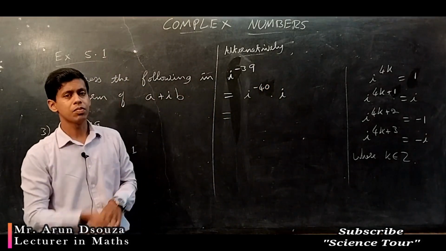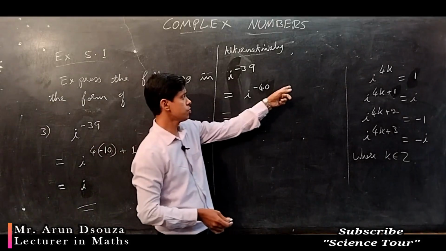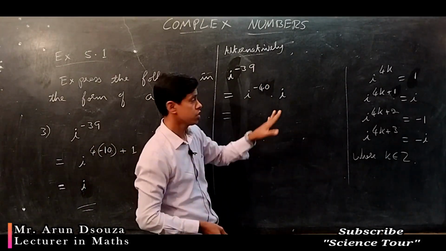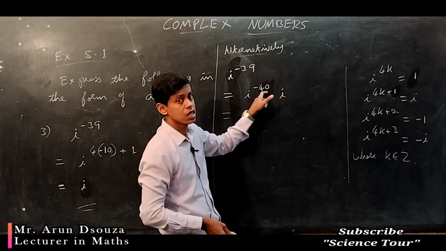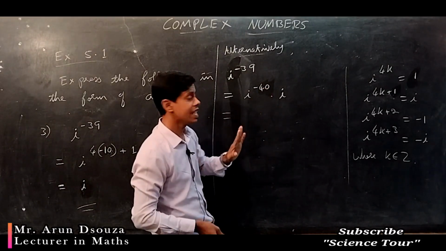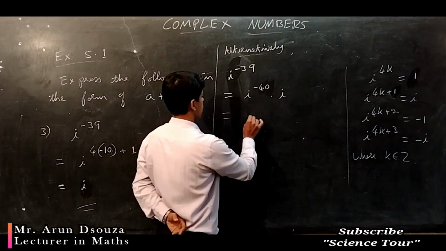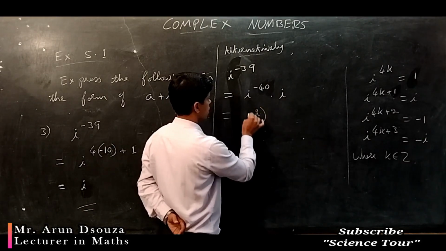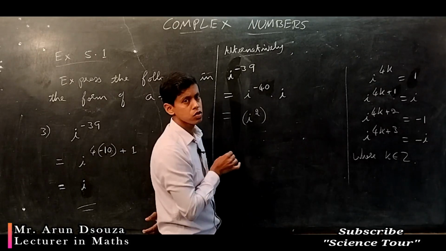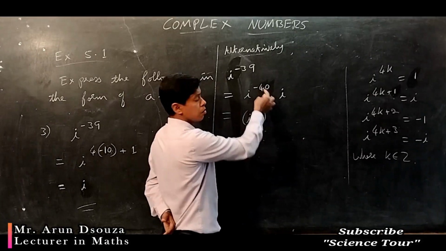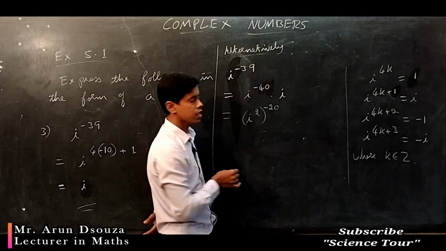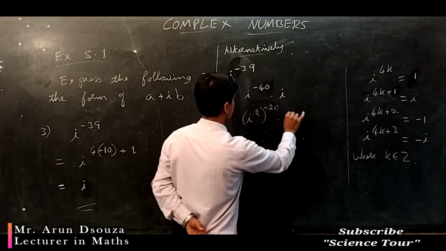Okay, so we'll write minus 40 plus 1. So this is plus 1. No, minus 40 plus 1 is minus 39. Understood? So this should be minus 40, not minus 38. Correct. Now I can write this as i square to the power minus 20. Correct. And this is i itself.